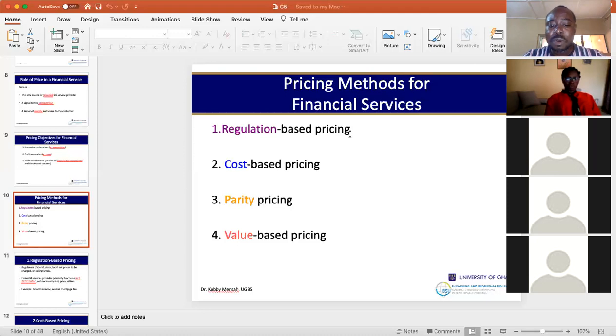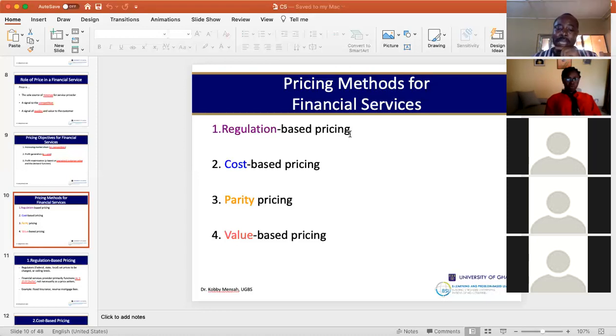Then you look at your cost-based pricing, i.e., you identify your cost centers, your cost items, or the inputs, all the things you put in for value addition. You identify them, and then it's added to the regulation pricing in order to price appropriately, for either profit generation or profit maximization.